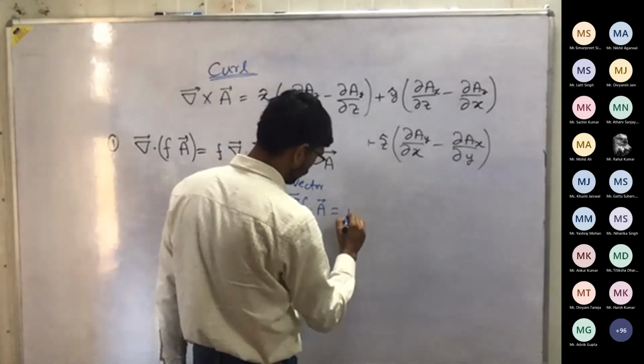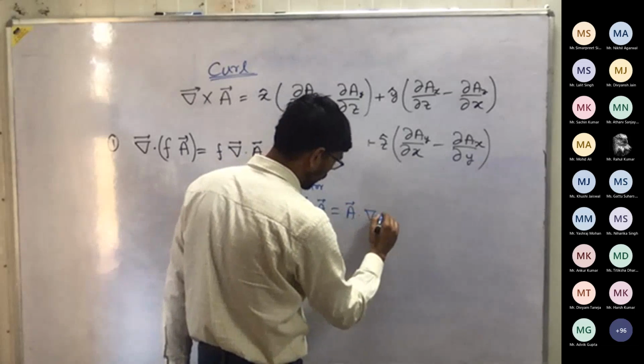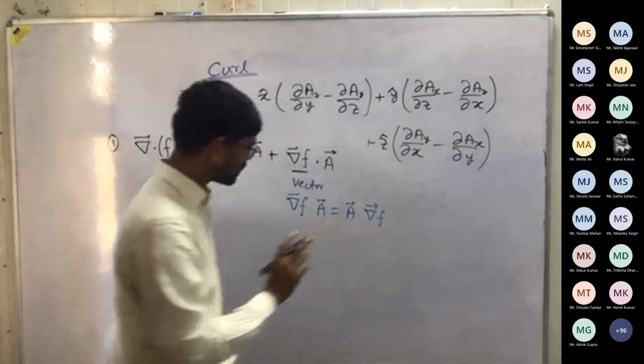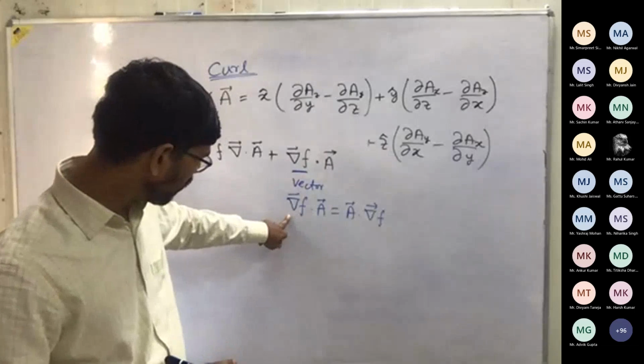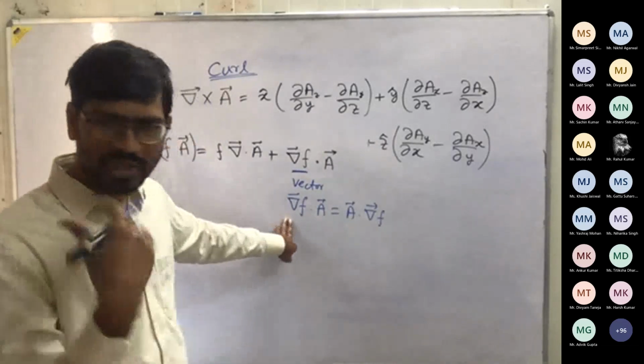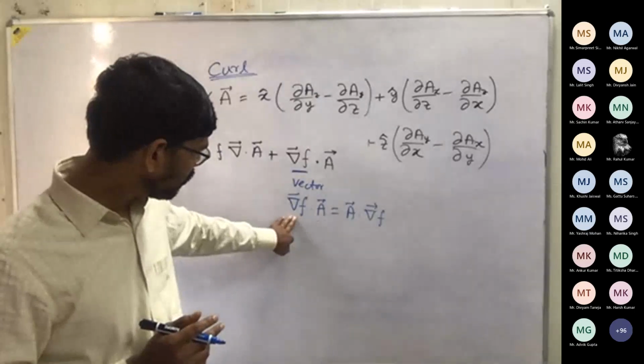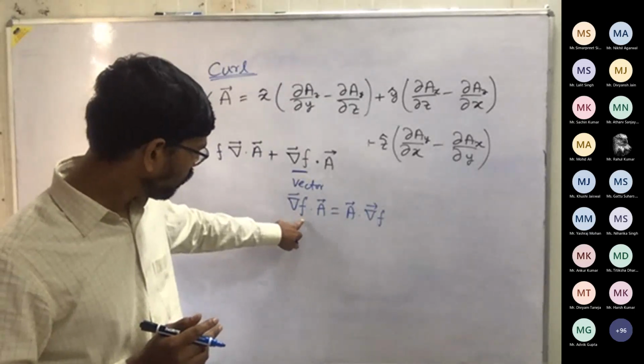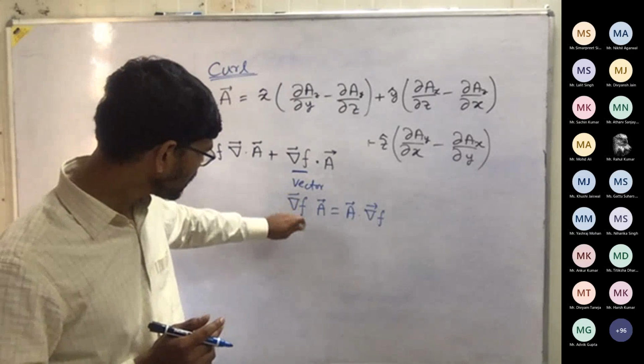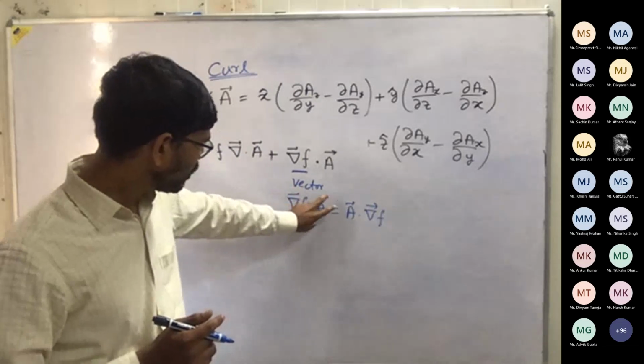This one you can write is equal to A dot grad F. This is correct because this has already operated. The del operation power is finished. Del will operate on F, then it's just a vector, and then you have another vector.